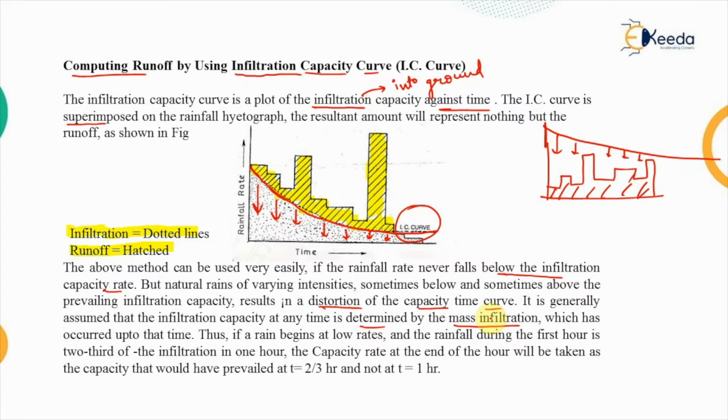So if a rain begins at a low rate, that means initially the rate of rainfall was very low, and the rainfall during the first hour is contributing 2/3 of the infiltration, then the capacity at the end of the hour will be taken as the capacity at the 2/3 time and not at t equal to 1 hour, because only the 2/3 portion of the rainfall is contributing towards the infiltration.